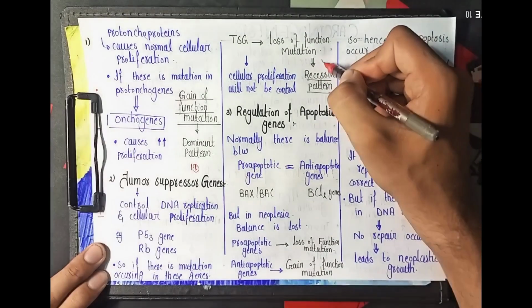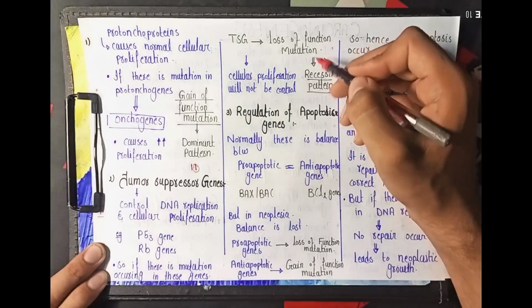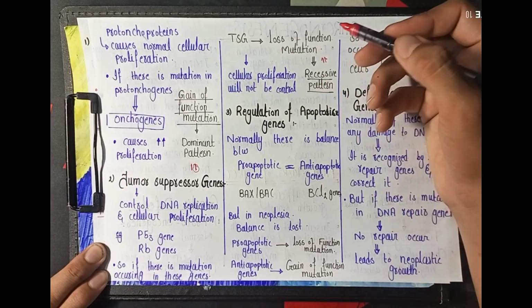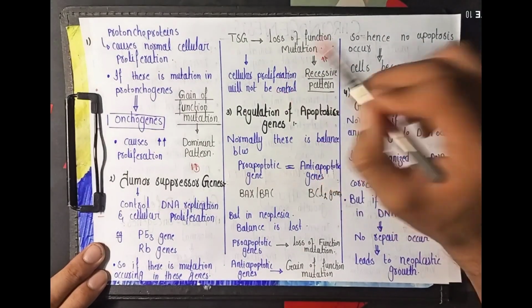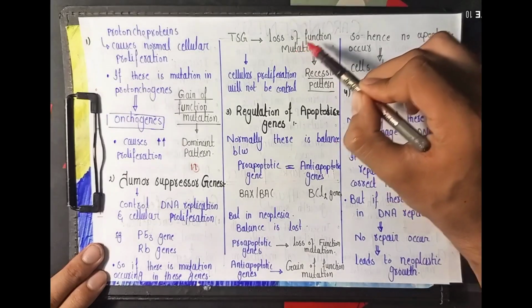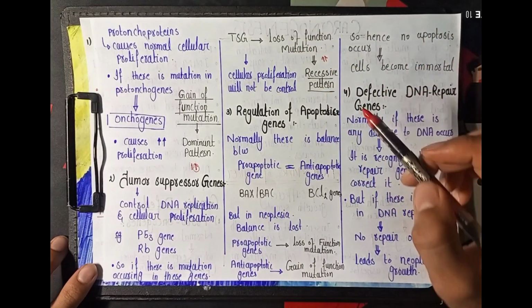Recessive pattern means that if both the alleles of a gene are defective, then the tumor suppressor gene will not express and will not function properly, and will not control the cellular proliferation, and there will be excessive proliferation of the cell, which leads to neoplastic growth. So the mutation in the tumor suppressor gene is loss of function mutation, and it shows recessive pattern.